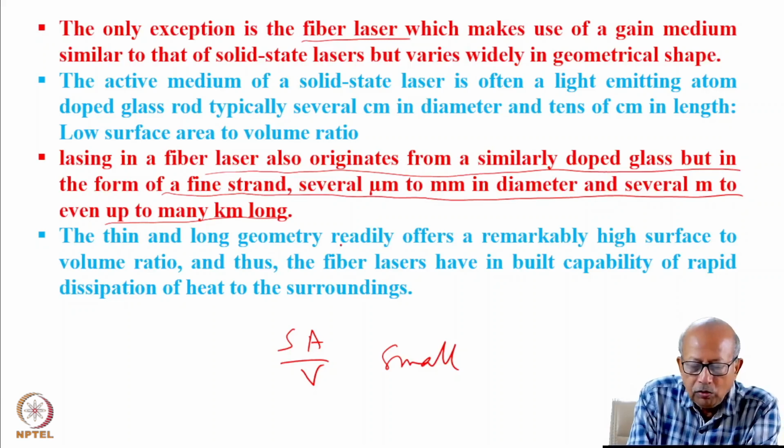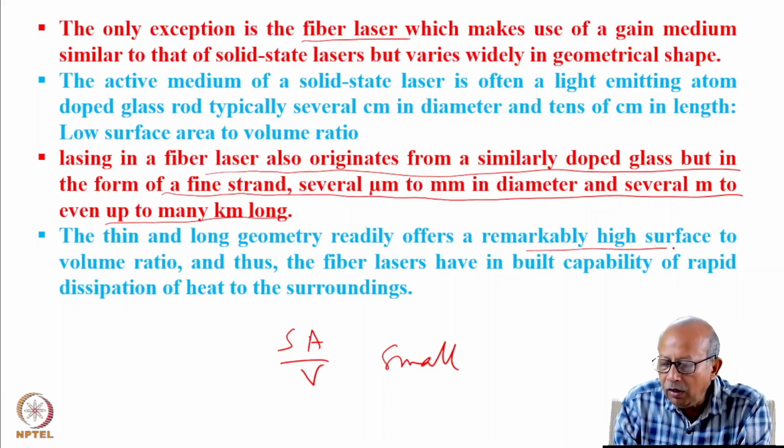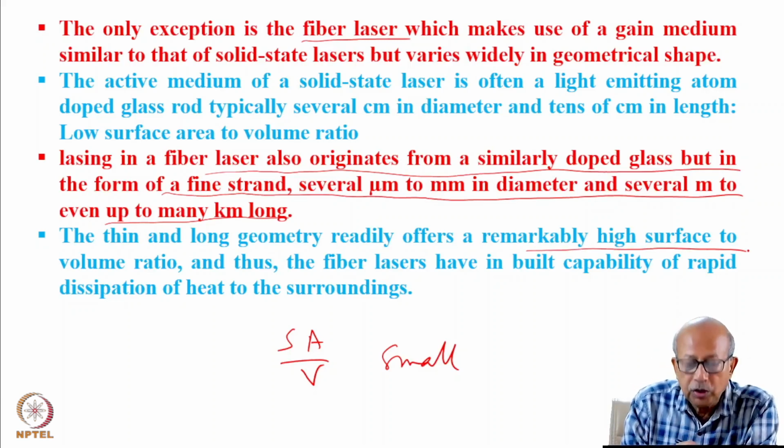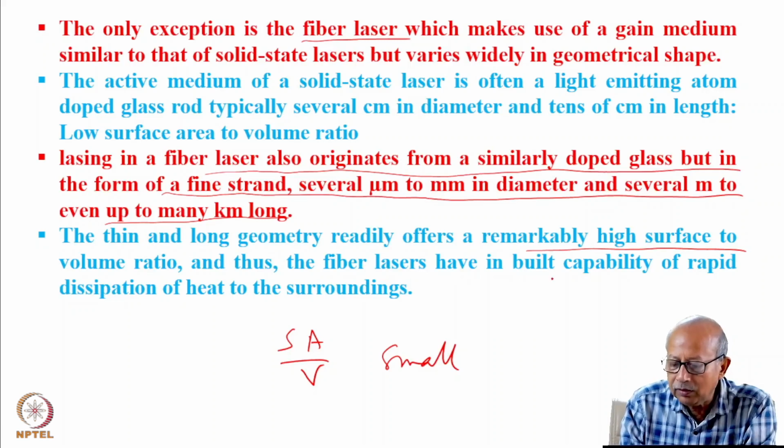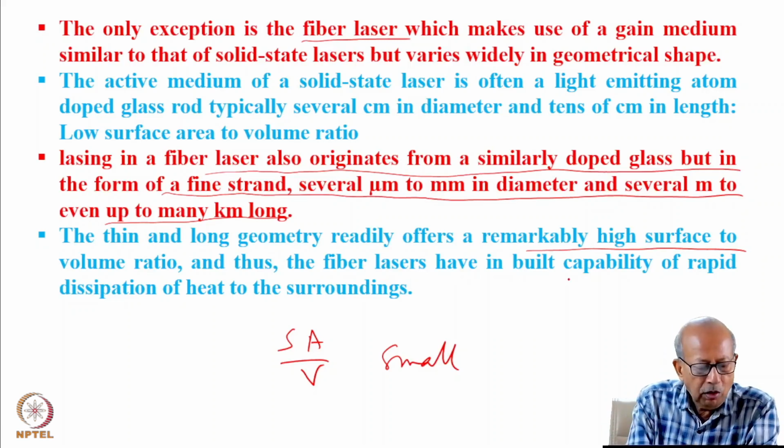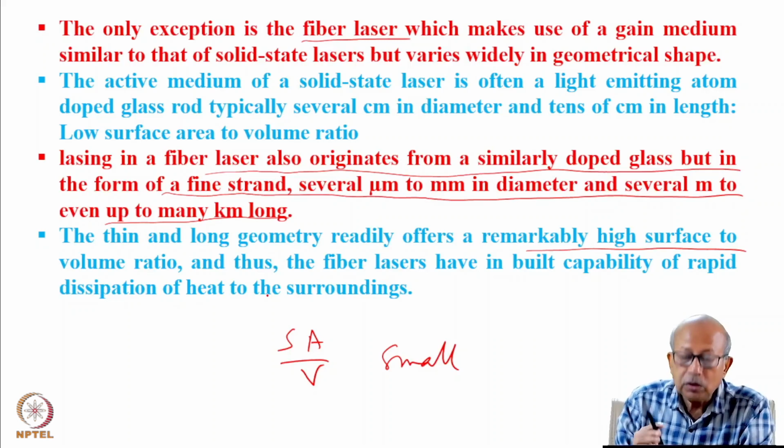This thin and long geometry readily offers a remarkably high surface area to volume ratio, and thus the fiber laser has inbuilt capability of rapid heat dissipation to the surrounding.